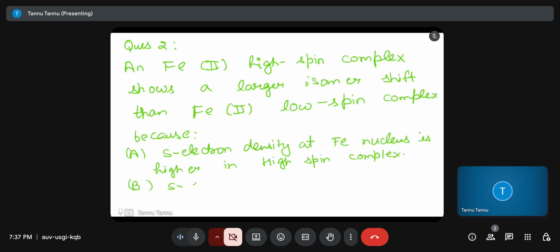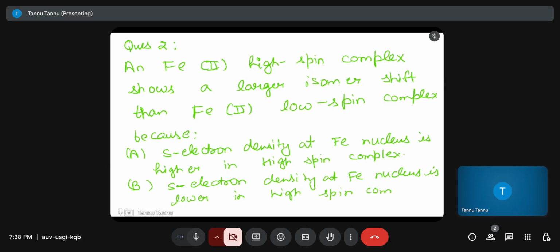B is s electron density at Fe nucleus is lower in high spin complex. C is Fe ligand bond length is shorter in high spin complex.